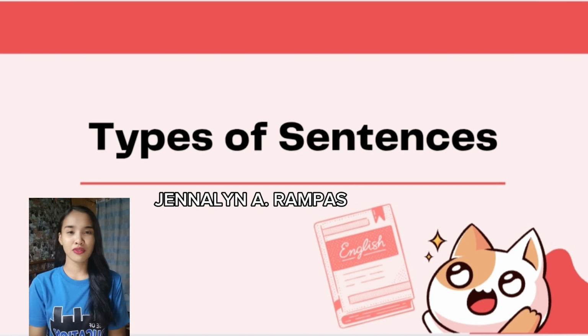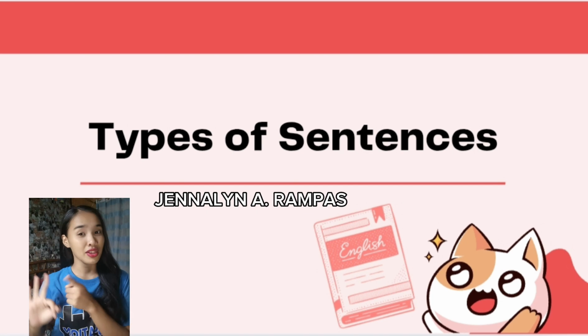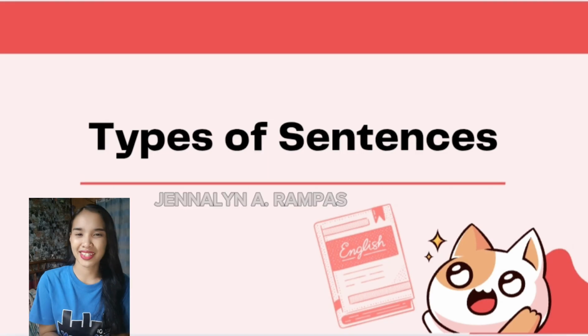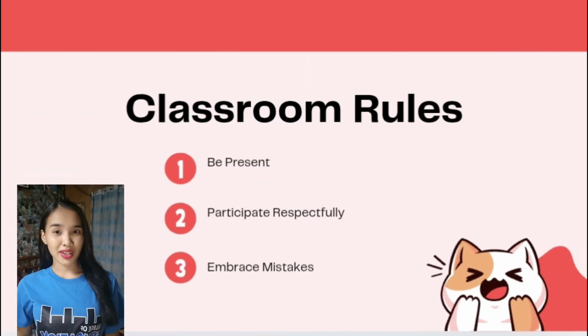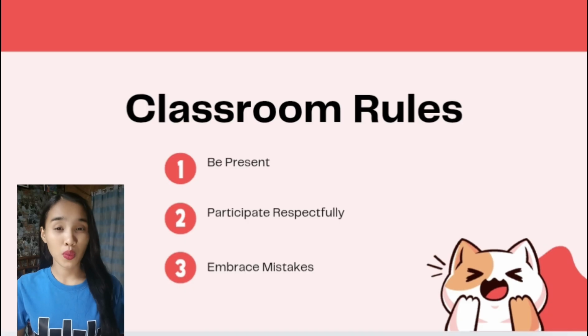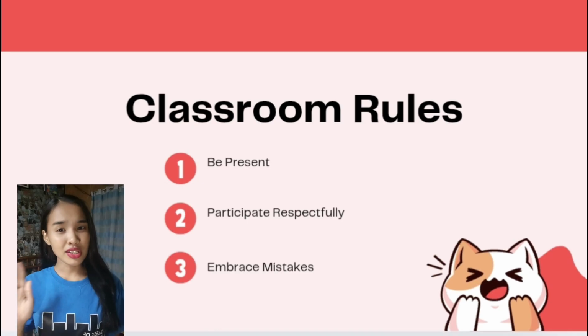Okay, so before we jump into the material, let's quickly review how we'll learn best together. So I only have three simple rules for our time today. The first one is to be present. Put your phones and distractions away. Your full attention is the most valuable tool you have. The second one is to participate respectfully. If you have a question or an answer, raise your hand.